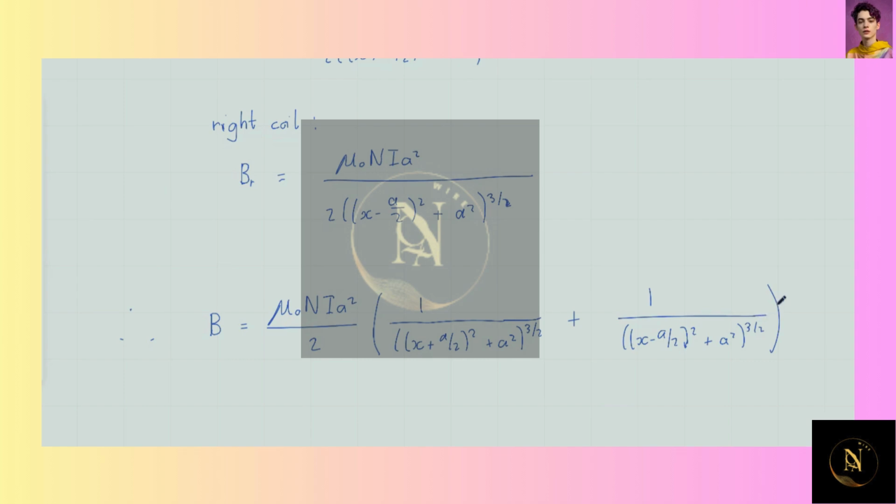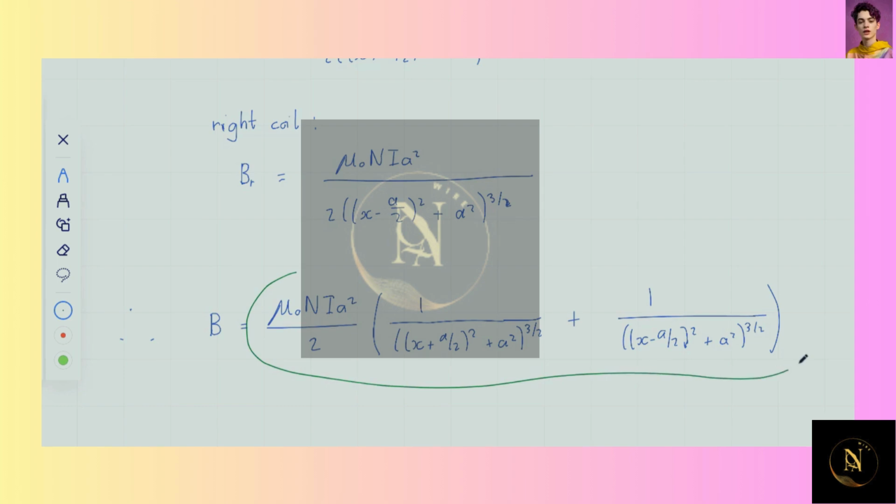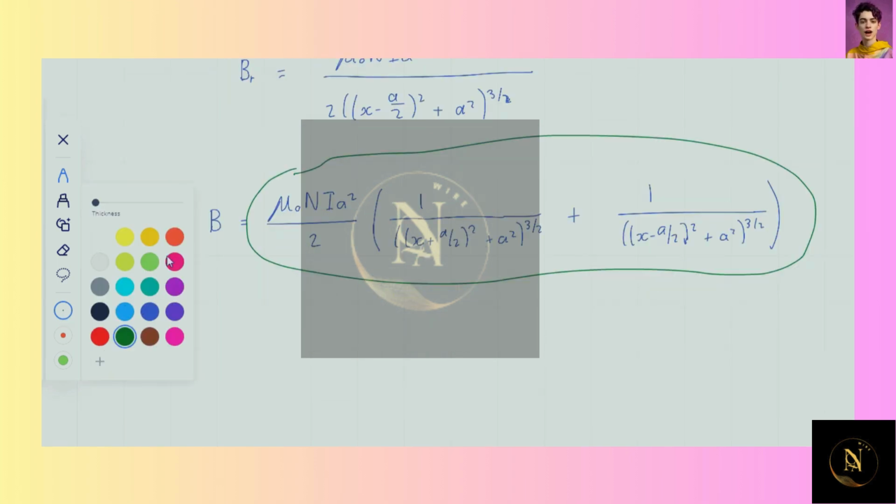So here we have our expression for magnetic field at a distance x from the point between the two coils, P. And that's our first solution.